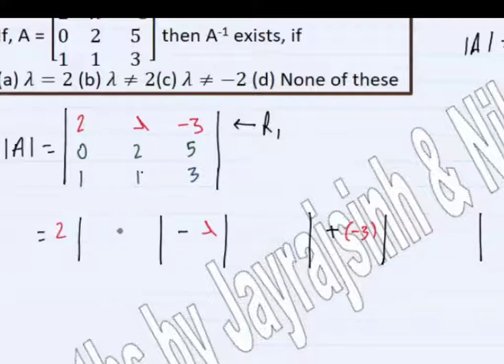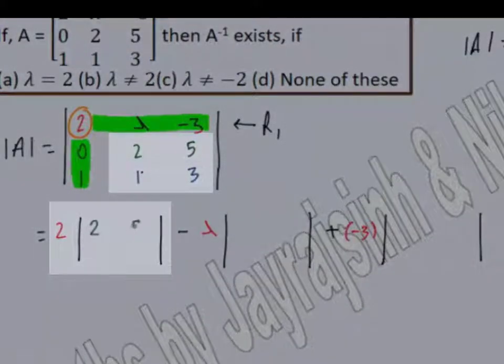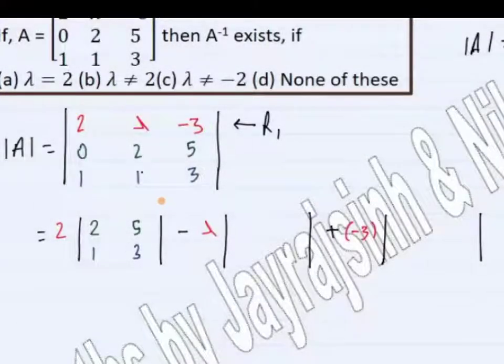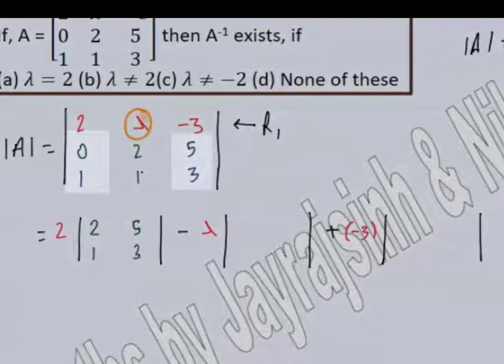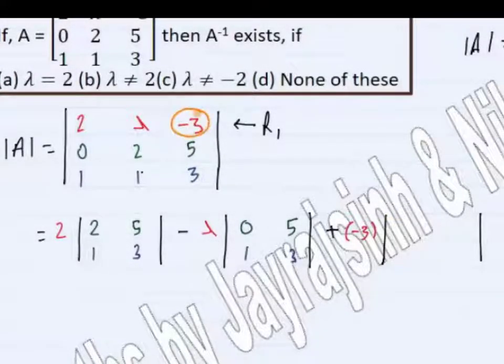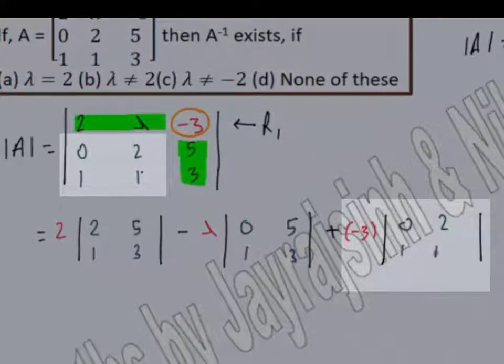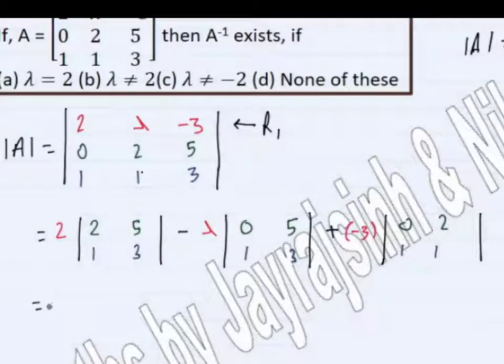Now to fill the first determinant, you have to ignore first row, first column. It's 2, 5, 1, 3. Next determinant is obtained by ignoring first row and second column. So it will give us 0, 5, 1, 3. Finally, the last determinant will be 0, 2, 1, 1. Now we just have to simplify.